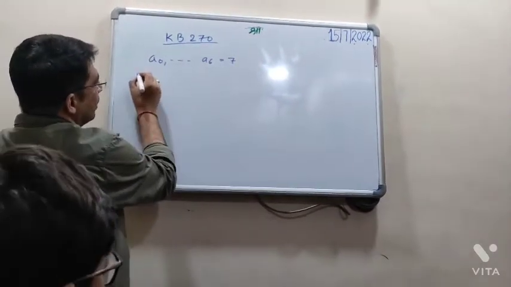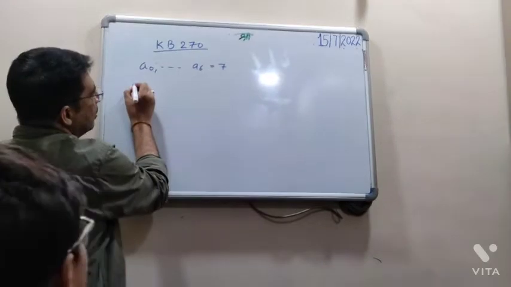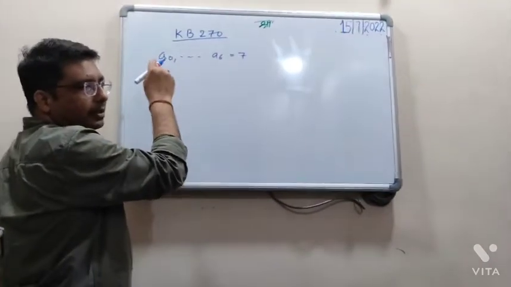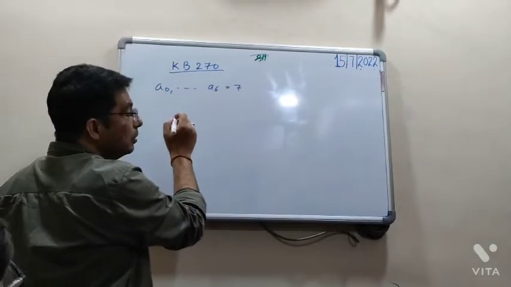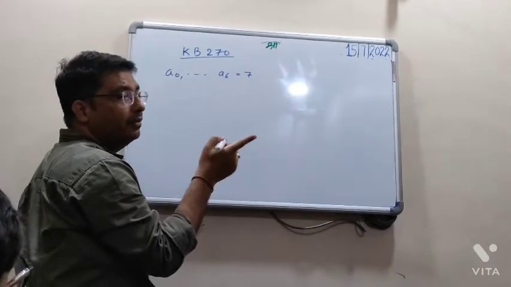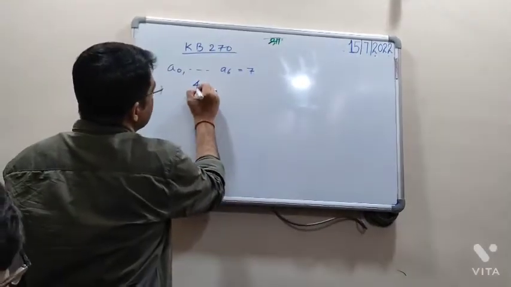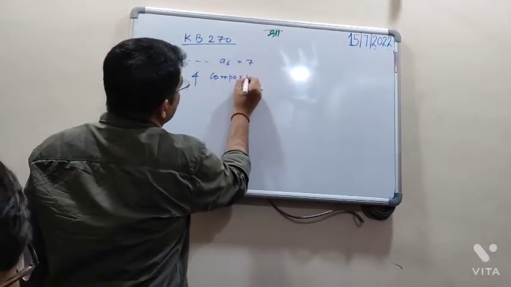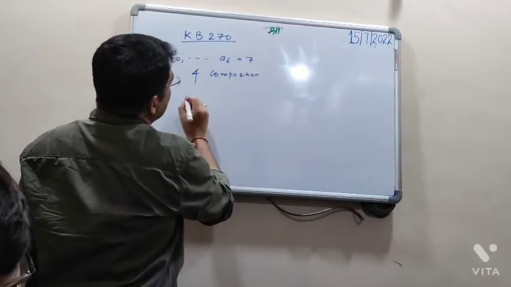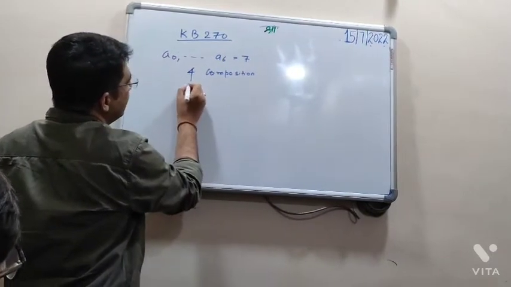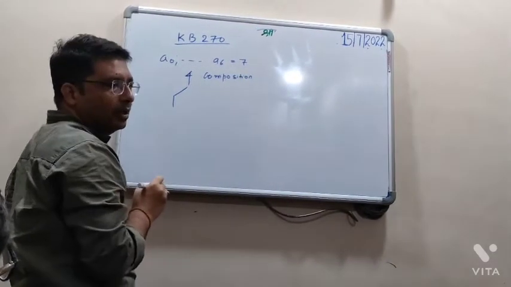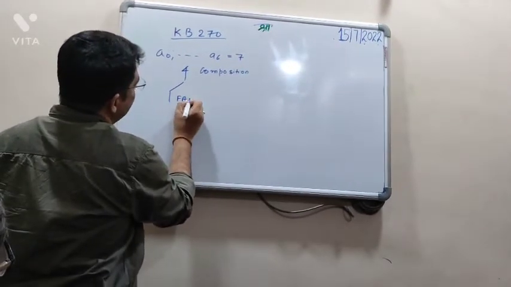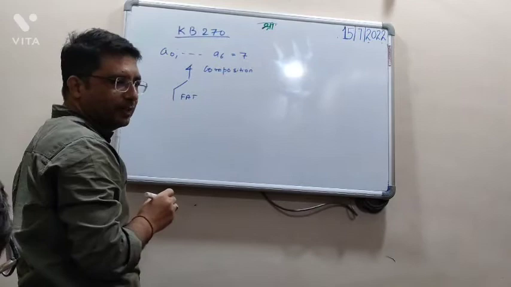Okay, so see, let's say how many channels are there in KB-270? 50. But a single channel can have 4 compositions, right? Now, let us take one composition. In this one composition, let us assume it is a fat or oil or whatever it is, right?